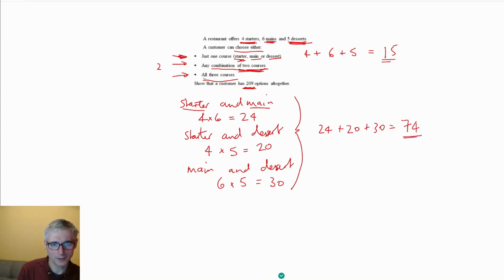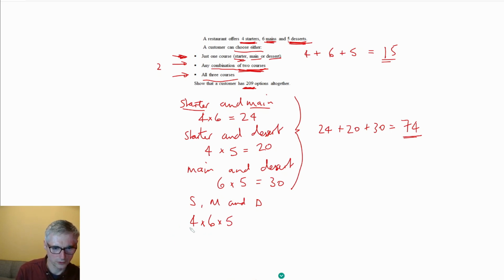And finally, if we were choosing all 3 courses, so if we are going for a starter, main and dessert, then we've actually got 4 starters, and for each one of those we could pick any of 6 mains, so we're going to multiply that by 6, and for each one of those that we've chosen, each combination of starter and main, we could actually multiply that by 5, because there's 5 different options for dessert there.